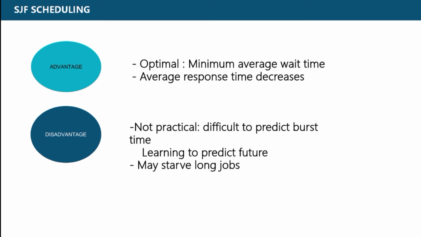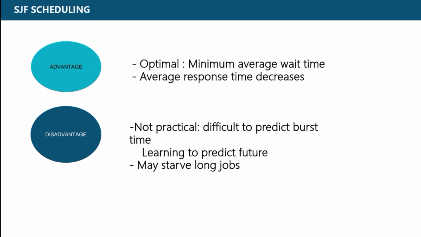So the SJF scheduling's advantage is that it is optimal. Its minimum average waiting time is very short, and the average response time also decreases. But the disadvantage is that it is not practical. It is difficult to predict the burst time, and it requires predicting the future.